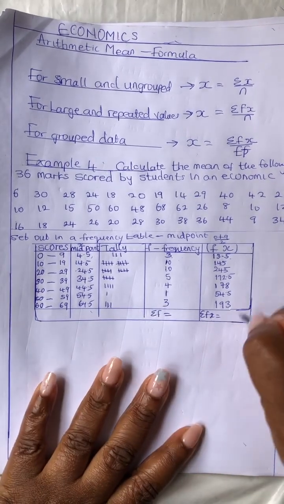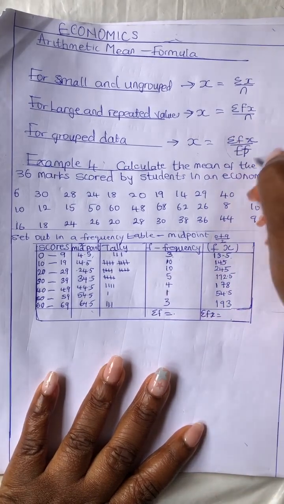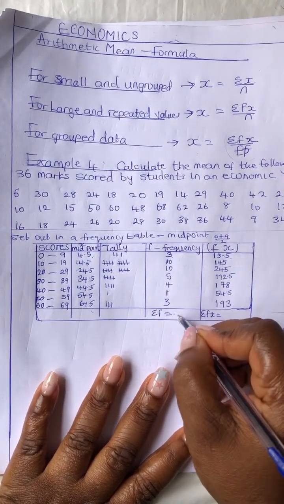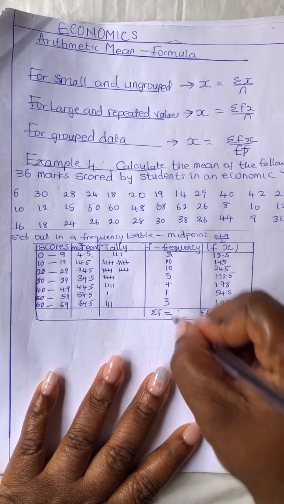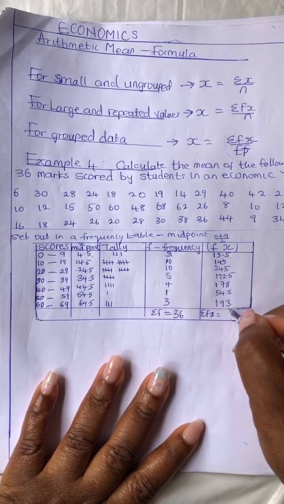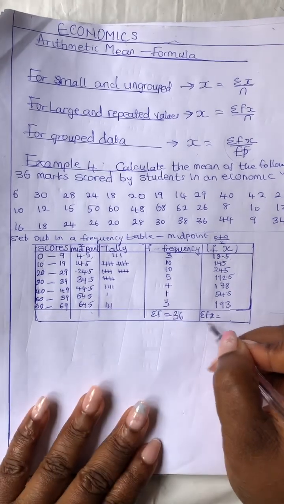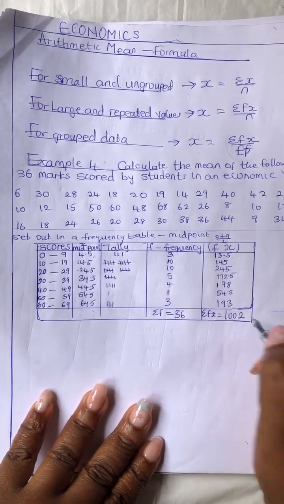So you need to total these, because this is what makes up the formula. The summation of frequency, when you add this together, will give you a total of 36. When you add up the fx column together, it will give you a total of 1002.